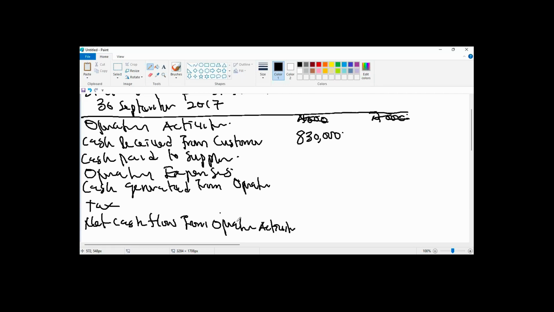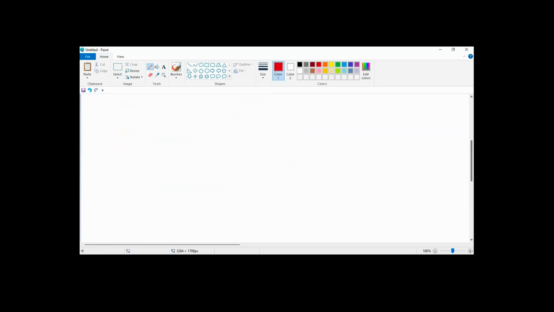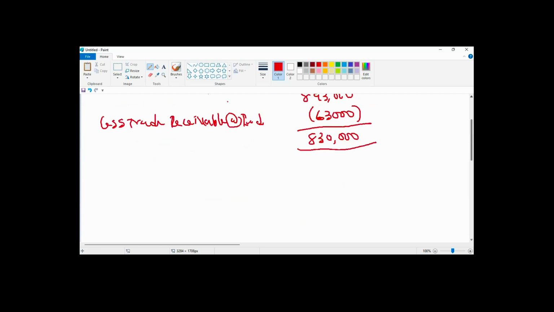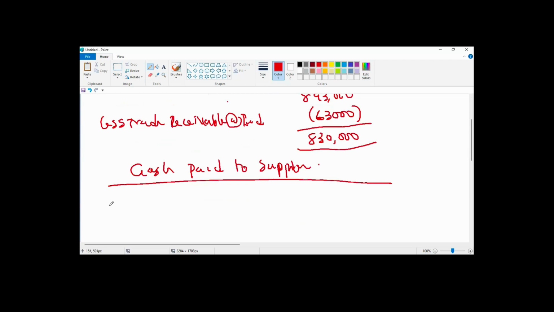Payable. Cash paid to suppliers now. Trade payable at the beginning, 35,000.